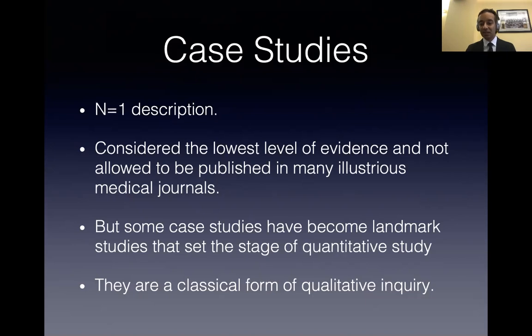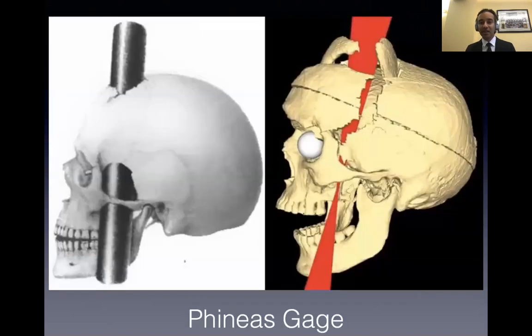Here's a classic example that we know well at Harvard. This is Phineas Gage, who was a railroad worker who had a tamping rod that went through his prefrontal cortex and out the other side. He had no motor deficits, no language deficits, but he had a dramatic change in social behavior and personality. The line is, Gage was not Gage anymore.